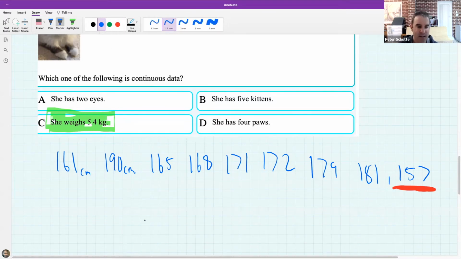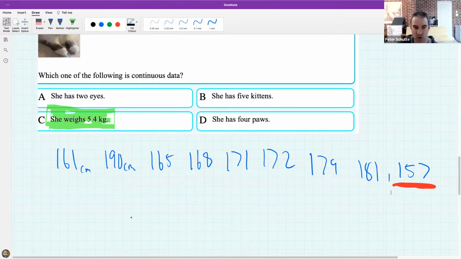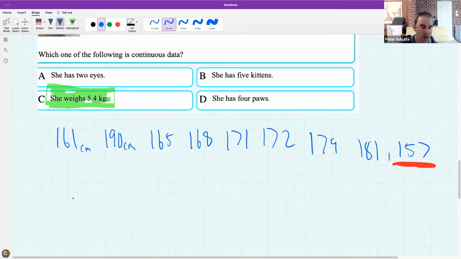Now, at other times when we work with data, we organize the data into groups. So I'm going to organize this data into some groups quickly.